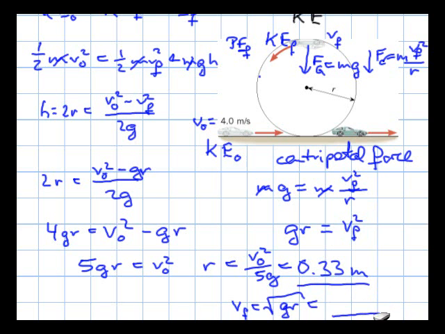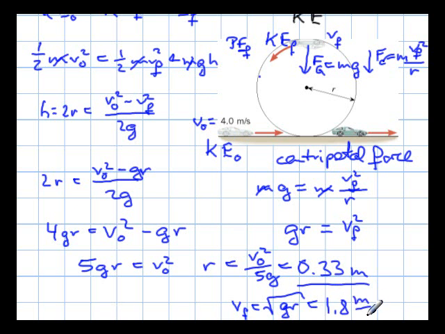Maybe because they don't ask for it, I'll erase the underline. And therefore that one is going to be the square root of 9.8 times 0.33. And that comes out to a rounded 1.80 or 1.8 meters per second squared.